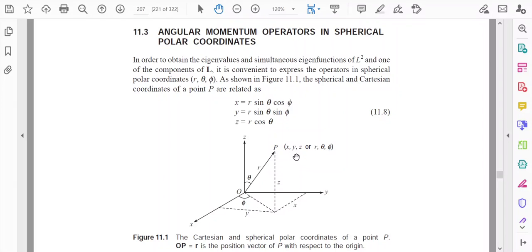These coordinates are known as Cartesian coordinates, and r is also known as the position vector. Now the point P can also be expressed in polar coordinates. The relation between x, y, z and r, theta, phi is x equals r sin theta cos phi, y equals r sin theta sin phi, and z equals r cos theta. So these are the relations between the Cartesian coordinates and polar coordinates.